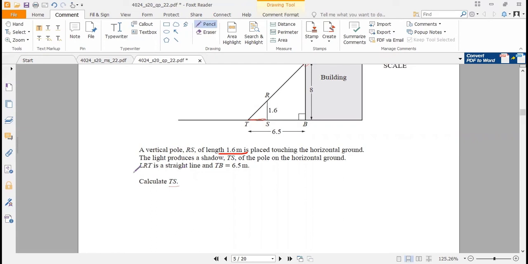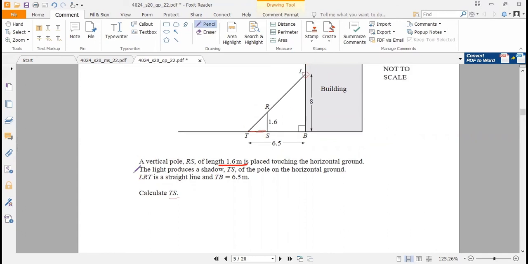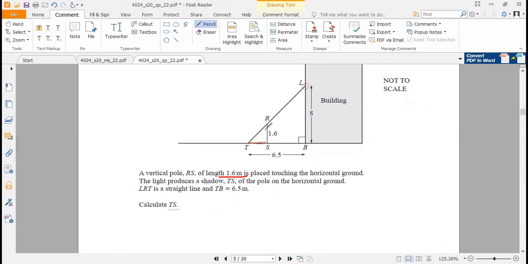By using the property of similar figures, triangle RST is similar to LBT.